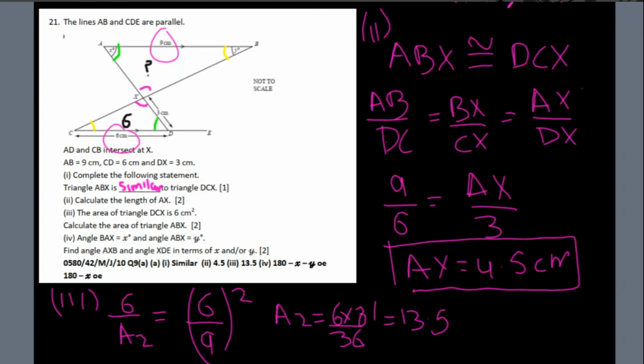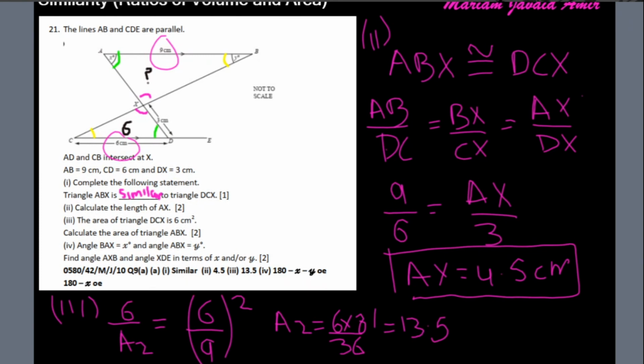Okay, this was part 3. Part 4, angle ABX is X, angle ABX is Y. Find angle AXB and angle XDE in terms of X and Y. Okay, so let's find AXB first. AXB is this angle.